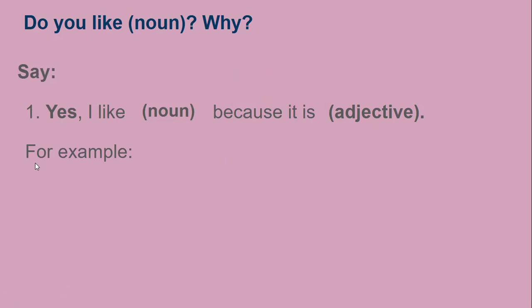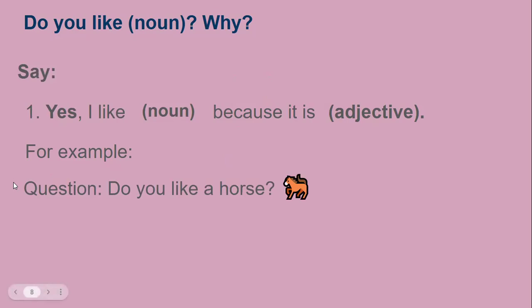For example, right? If you have the following question, do you like a horse?